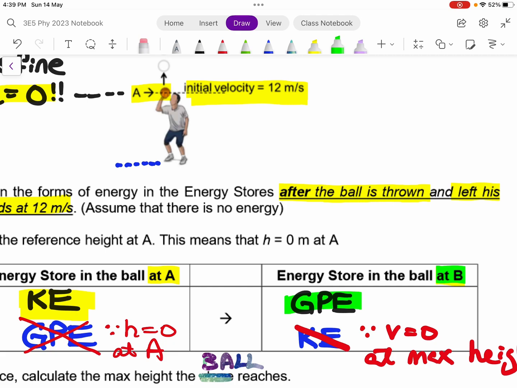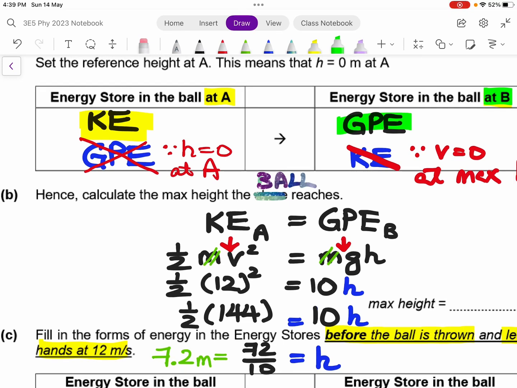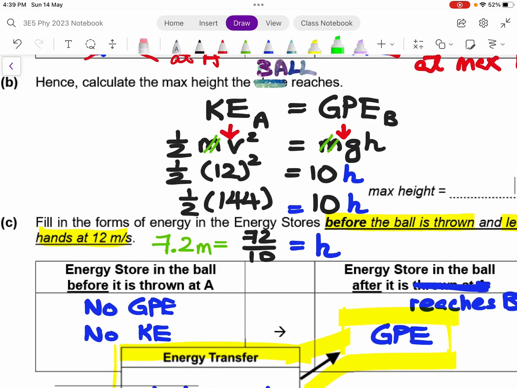So based on the principle of conservation of energy, we can say that the energy store at A must be equal to the energy store at B. So then after we expand it by our formula, it will become this.